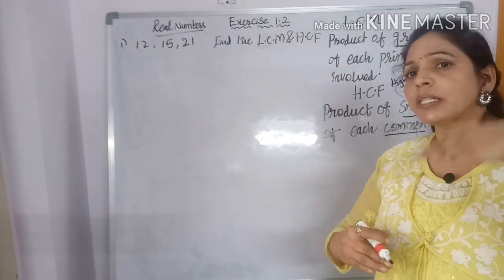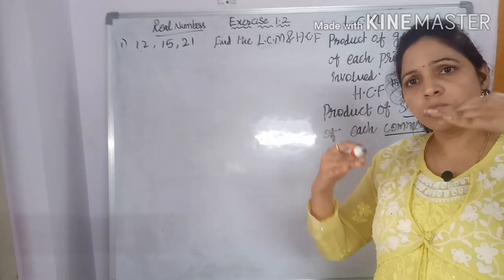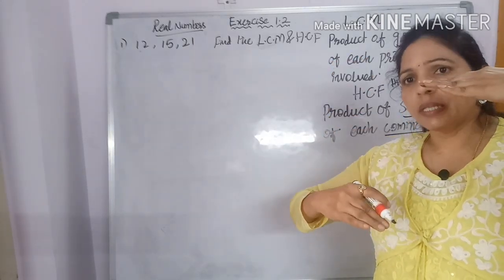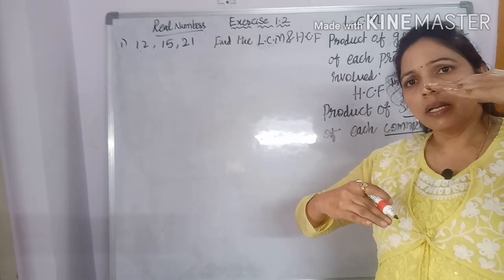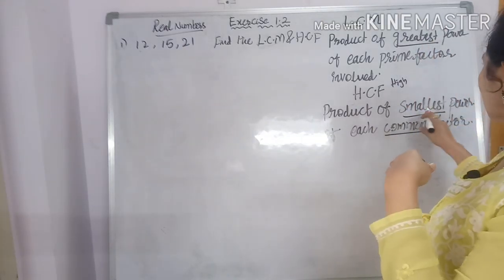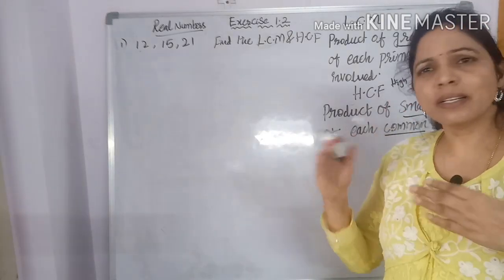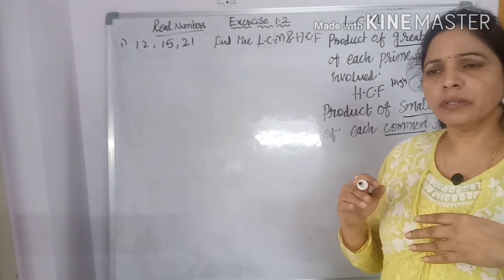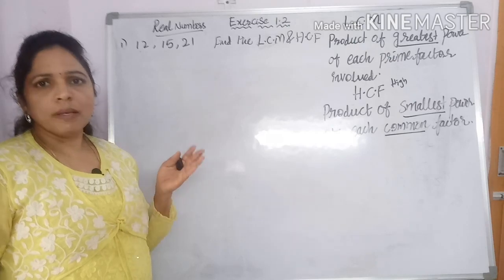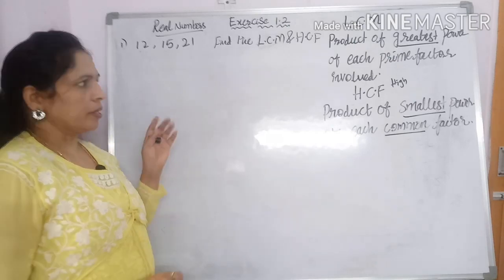For finding highest common factor, the smallest. Highest, smallest. Just reverse of it. Don't confuse. I will teach you the simplest and easiest method.